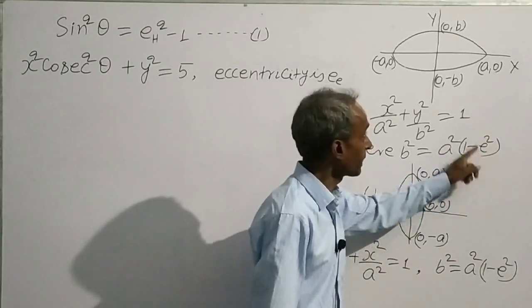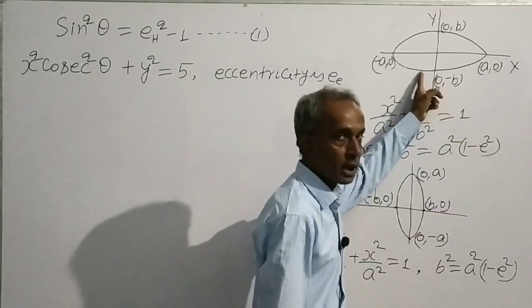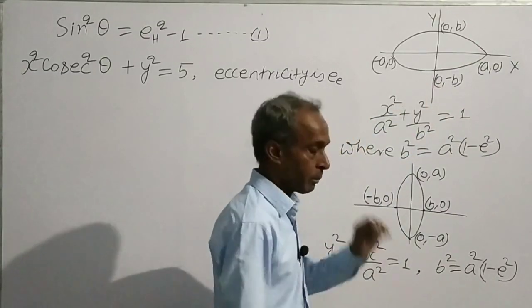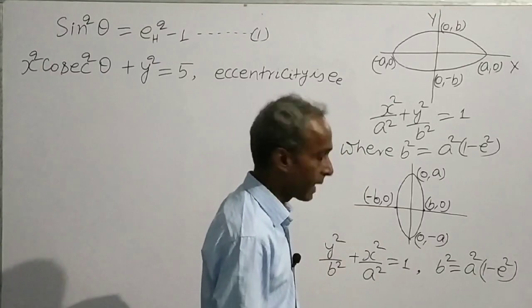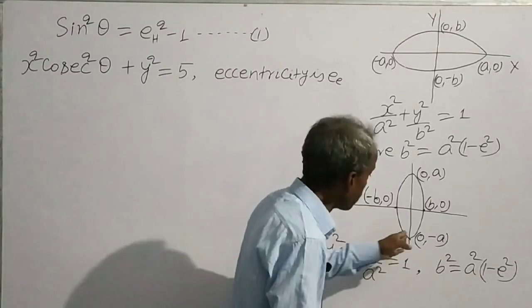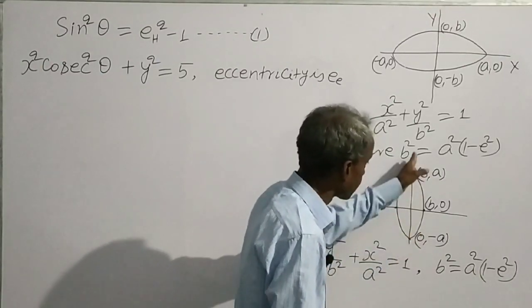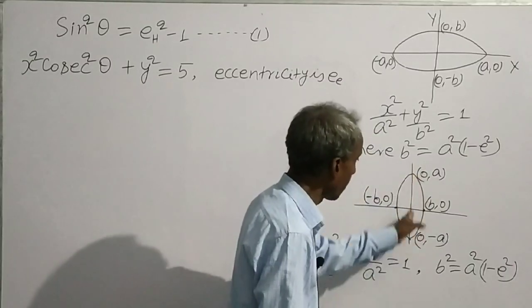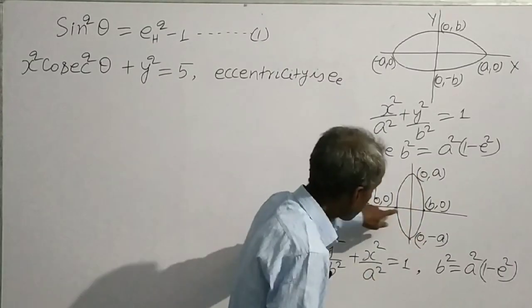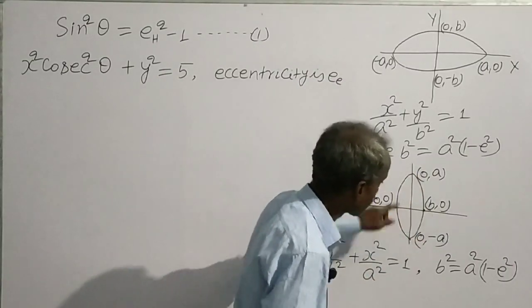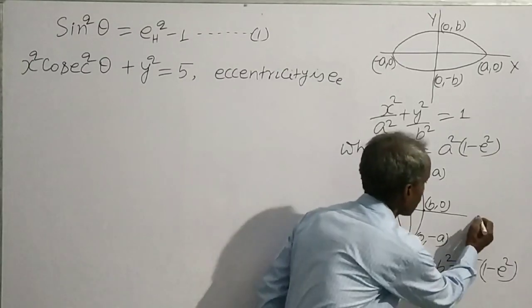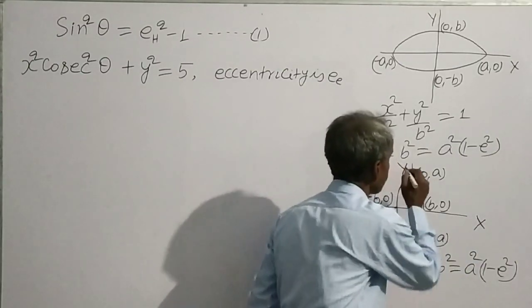E is eccentricity of the ellipse. But a standard equation of the ellipse with major axis along y-axis and minor axis along x-axis. This is x-axis, this is y-axis.